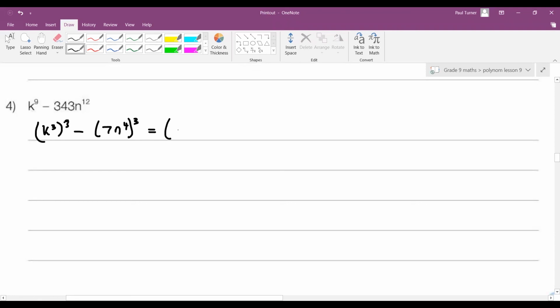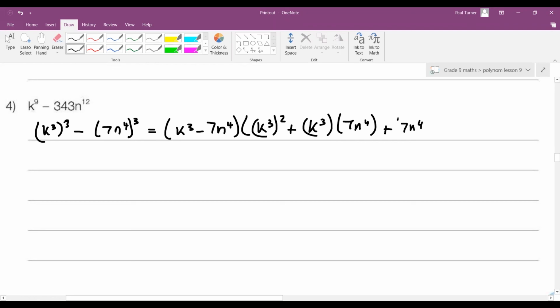So we're going to have k cubed minus 7n4, then k cubed squared plus k cubed times 7n4 plus 7n4 squared.